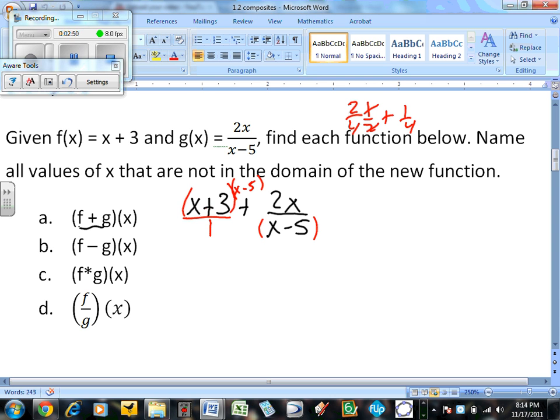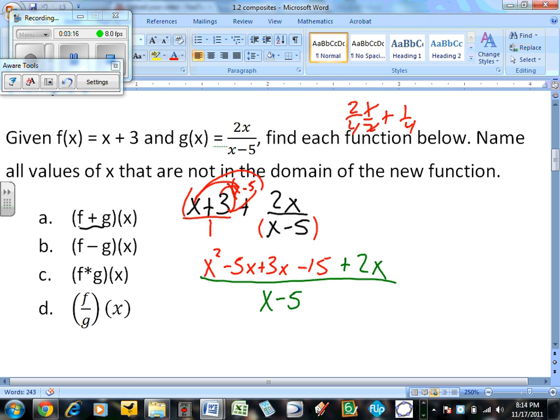So we can FOIL that out: first, outer, inner, last. I get x squared minus 5x plus 3x minus 15. Now that we have a common denominator, x minus 5, we can add all these like terms.